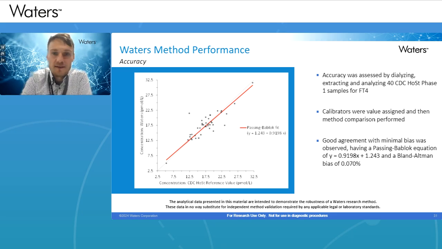After analysing those samples, we performed statistical analysis, and a Passing-Bablok analysis demonstrated good agreement with a small non-proportional bias, and we had an equation of y equals 0.9198x plus 1.243, and a Bland-Altman analysis also showed a minimal bias of 0.07% when we value assigned our calibrators.